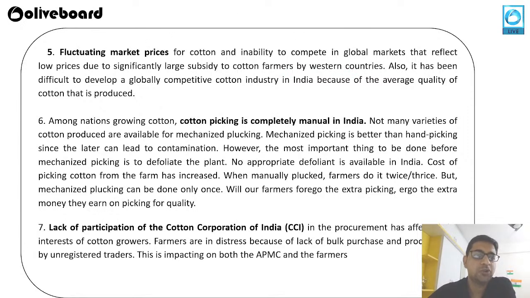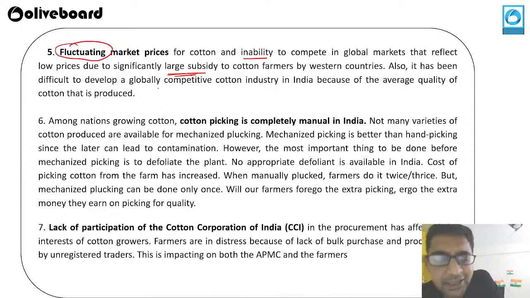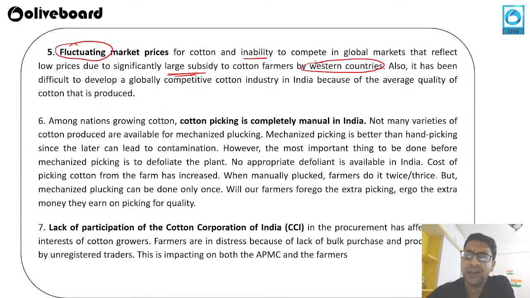Countries like the USA, Canada and Mexico are providing large subsidies to their cotton farmers. Because of that, their cost of production of cotton is getting lower. That is why people don't want to buy Indian cotton, because it comes at a higher cost. So because of that, there is a huge fluctuation in the market price.